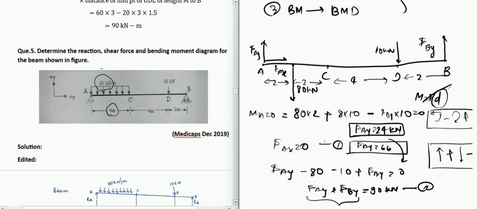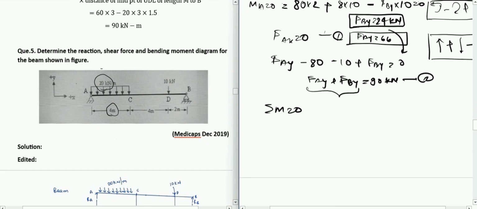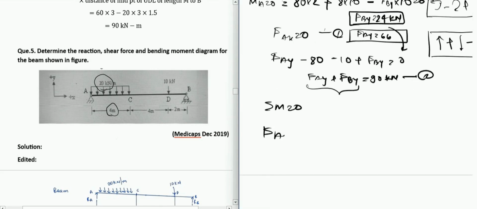Let me just recheck the first value: 8 into 2 plus 8 into 10 is 240, divided by 10 is 24. So the value is correct. Let us move ahead with our further calculation. We have FAY as 66, FBY as 24.